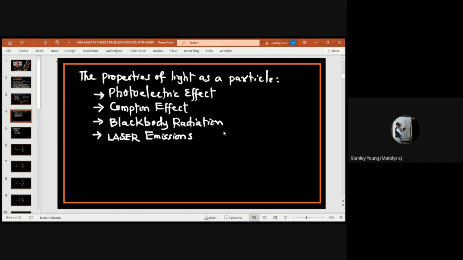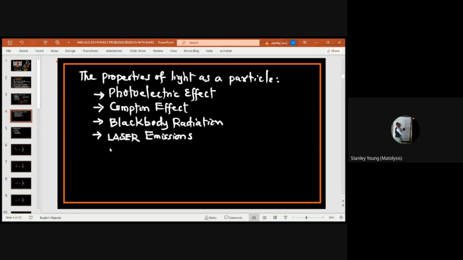It absorbs all the radiations falling on it. Okay, so generally speaking, all heated bodies release radiation of certain wavelengths. This property is usually a particulate property.